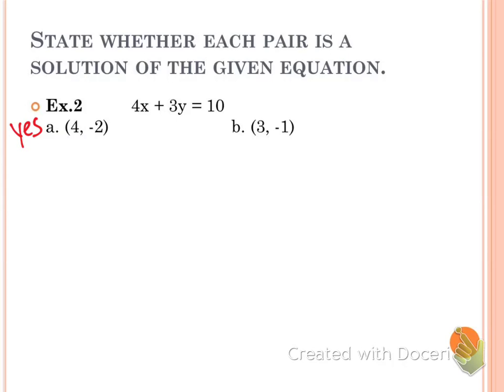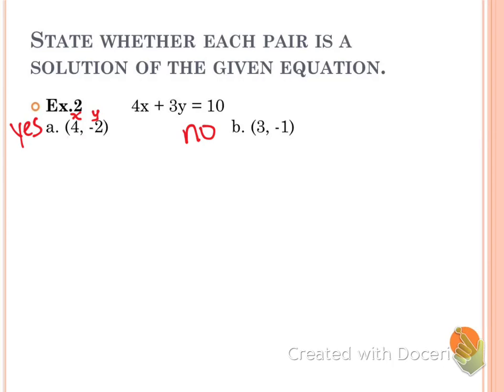Seeing mostly thumbs down, so most people think this one's a no. Let's check and see. On both of these, we're using the equation they gave us, plugging in our x and y from the ordered pairs.